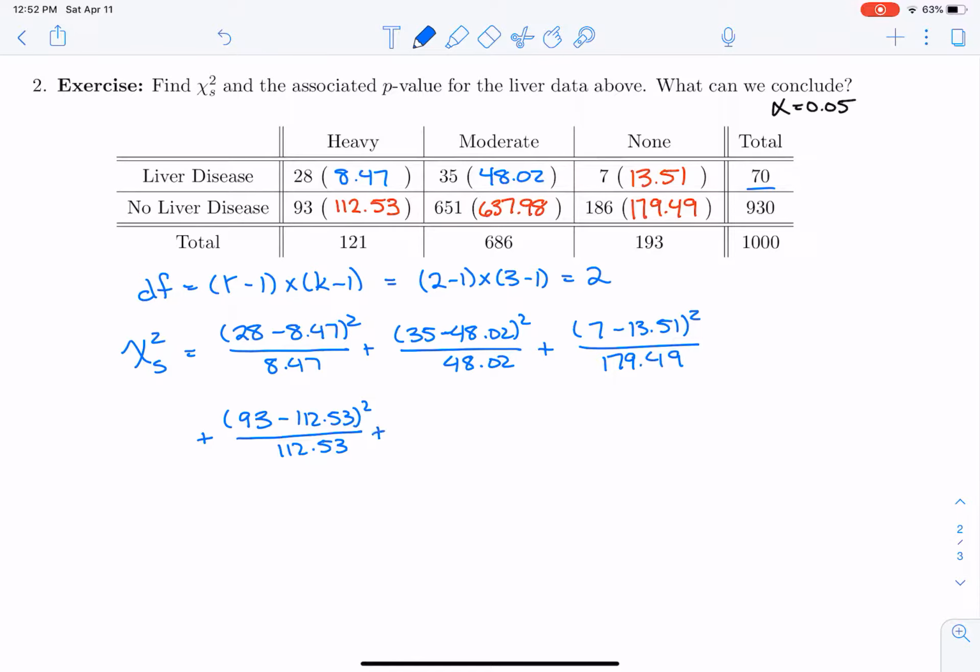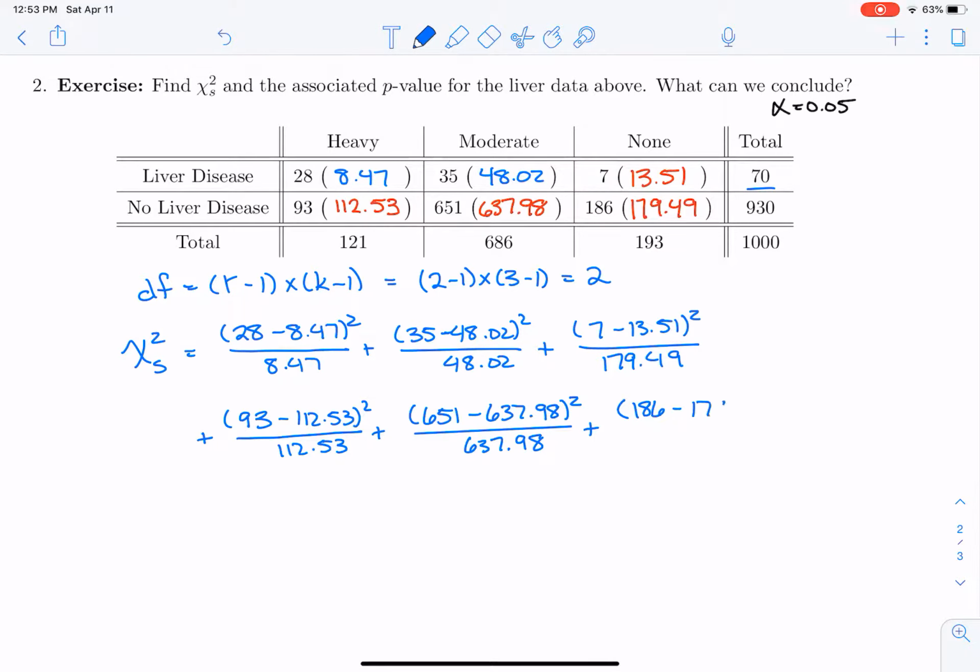112.53. Hopefully you're noticing how tedious this is becoming, so that you're thinking maybe you would want to put this into some software. You can check your R reference sheet, and that tells you how to put in the data into R so that you can run this test, and you don't have to do this by hand.